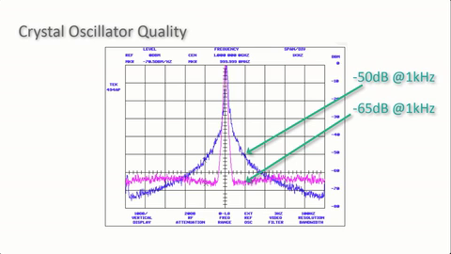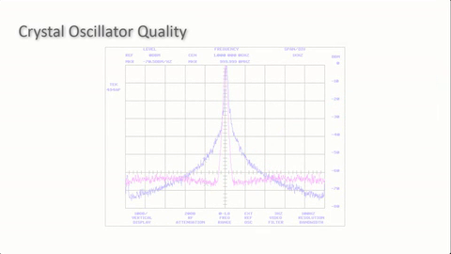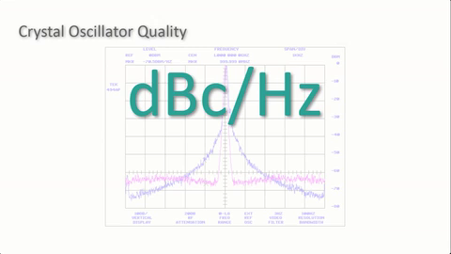The parameter you should look for when evaluating signal sources is dBc per hertz. dBc stands for decibels referenced to the carrier level. That is, if you consider the output level at the main oscillator frequency as 0 dB, then measure the level at some offset, the ratio can be expressed as dBc.